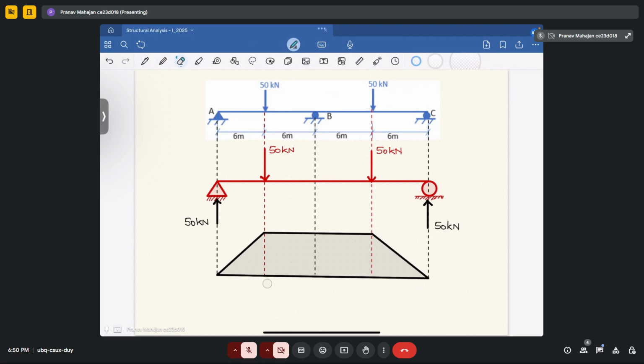I think by this time you know how to draw the bending moment diagram. And their maximum values are 300 upon EI, okay, so let me write it here. So this is your M upon EI diagram.